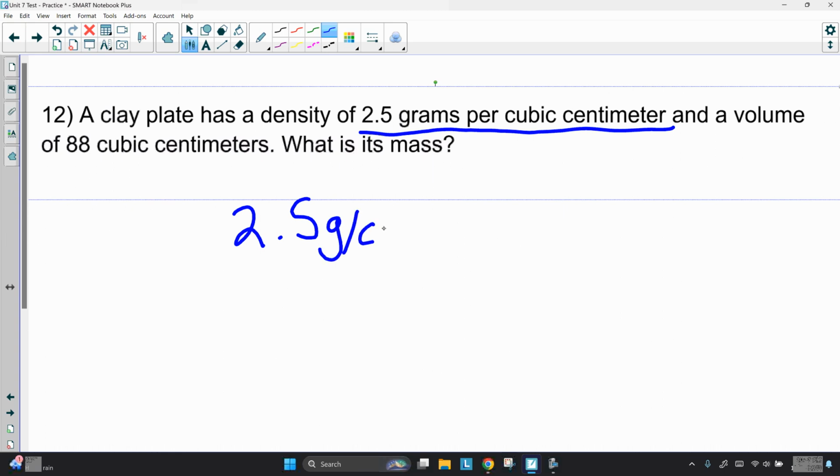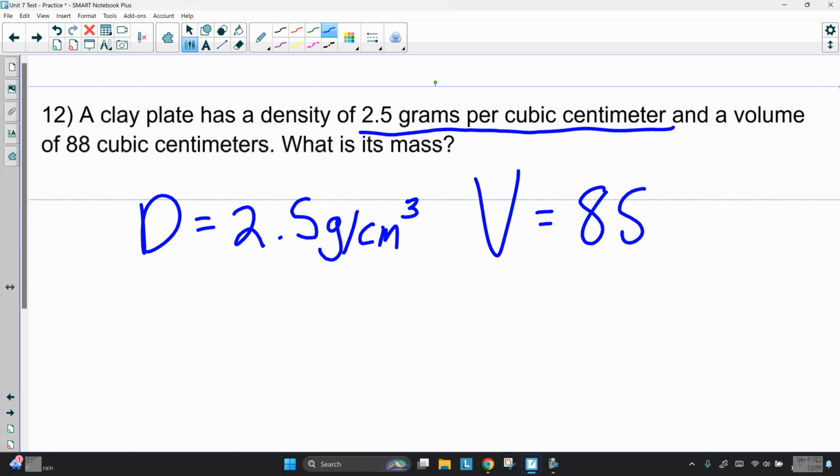It comes and goes, as y'all can tell. And the volume is 88 cubic centimeters. As you remember, the formula is D equals mass over volume.